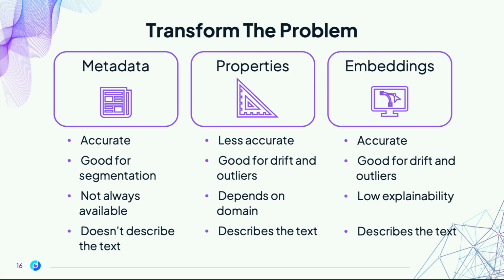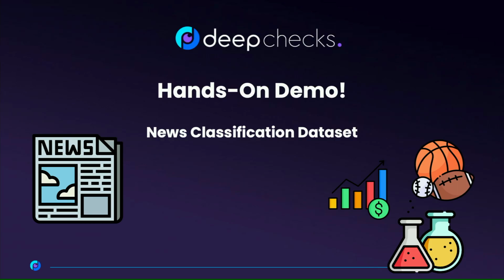If you know there's a drift in the embeddings, you know that it happened, you know that something changed, but you don't know what. So in the demo, I'll show how you can use embeddings in a more explainable way. The demo is a pretty simple one, in which we'll use the checks defined in Deepchecks to detect drift in our data.